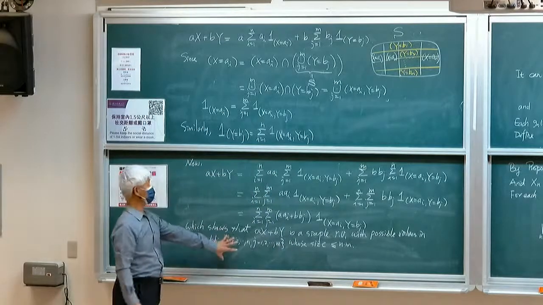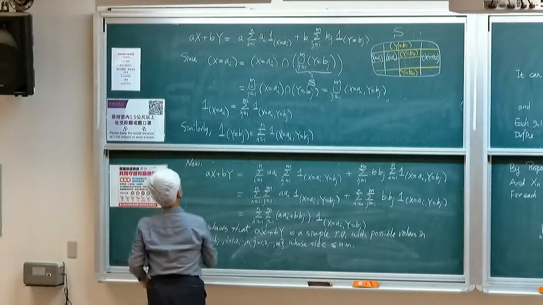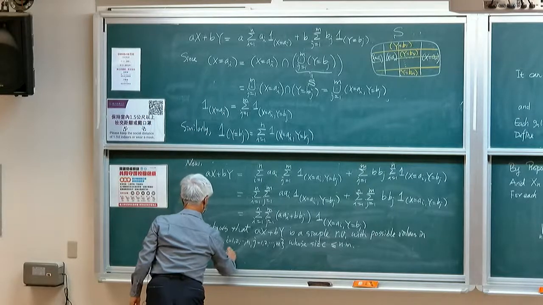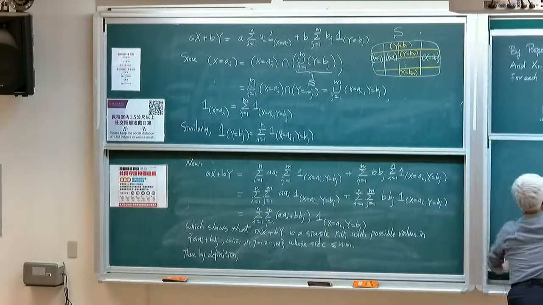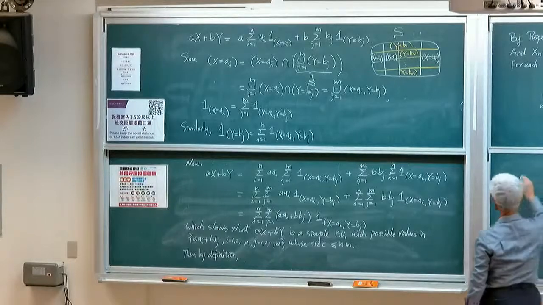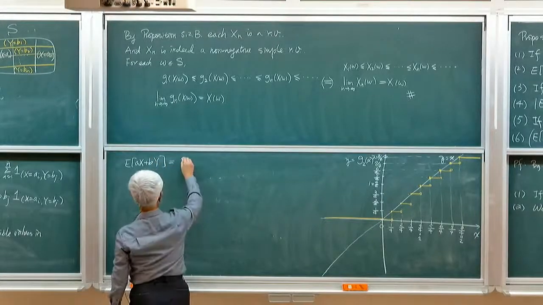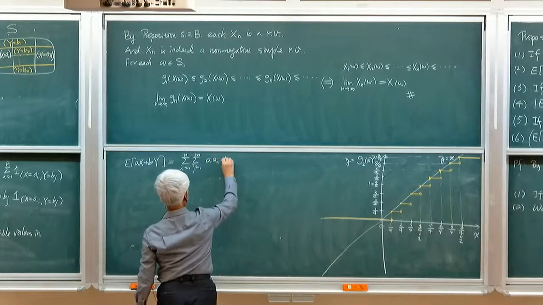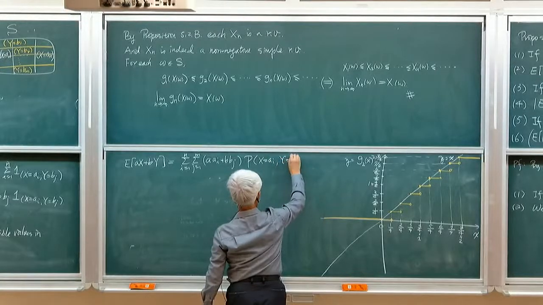Okay, so once we know that this linear combination is a simple random variable, then by definition its expectation becomes the sum of (a·ai + b·bj) times the probability of x equal to ai, y equal to bj.